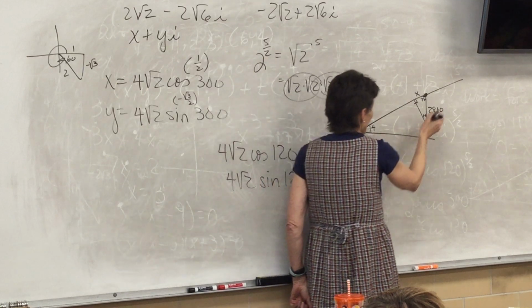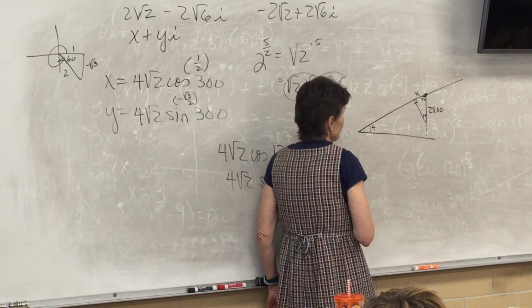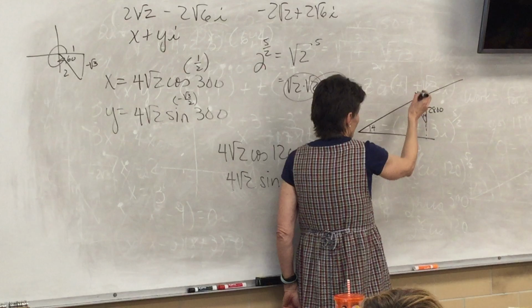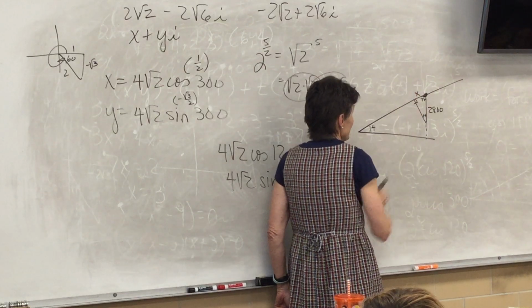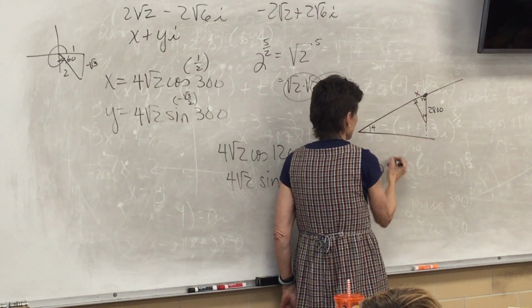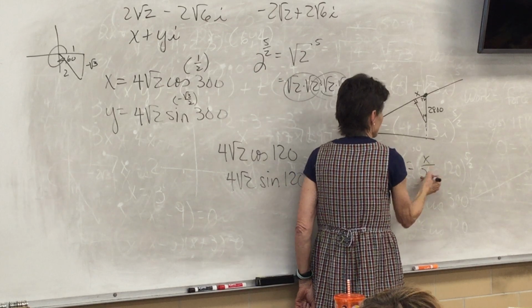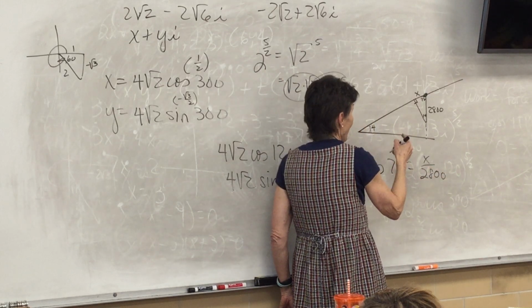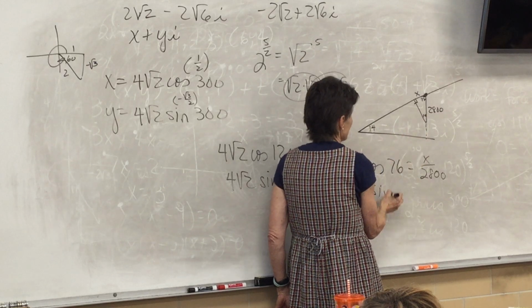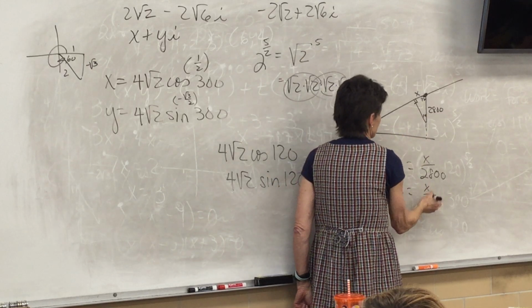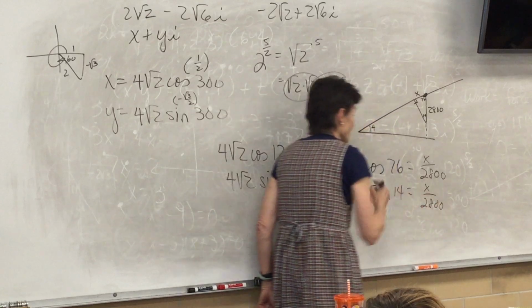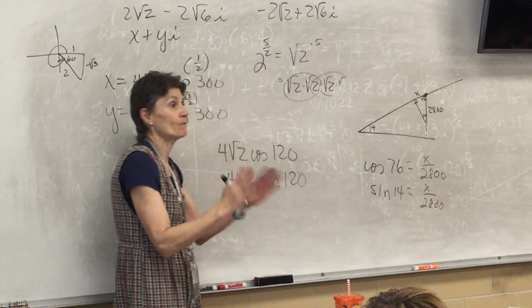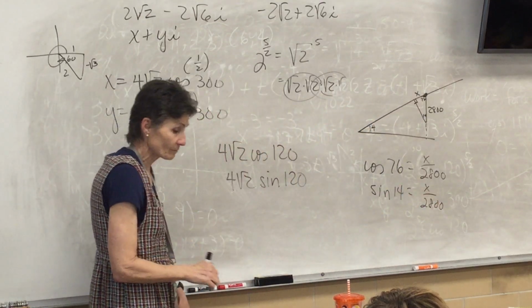Now, you know the hypotenuse is 2800. If you use 76, you'll say cosine 76 equals x over 2800. If you're doing sine, you'll say sine 14 equals x over 2800. Either way, you're going to get the same answer because of the co-function relationship.